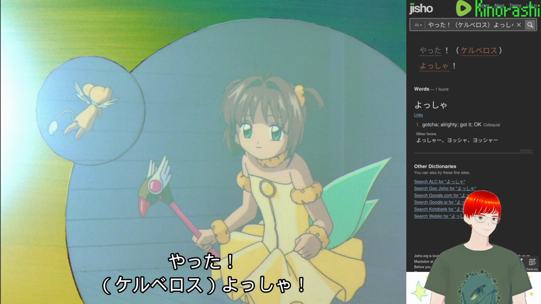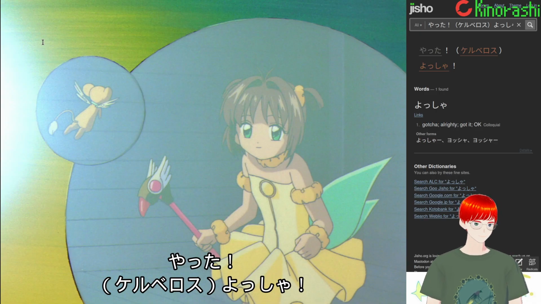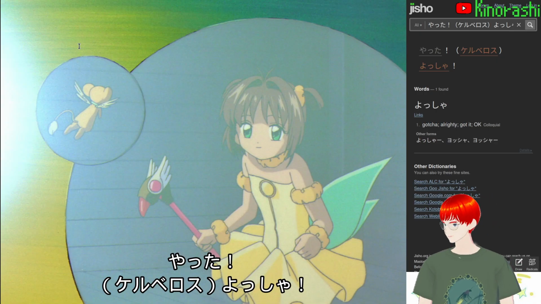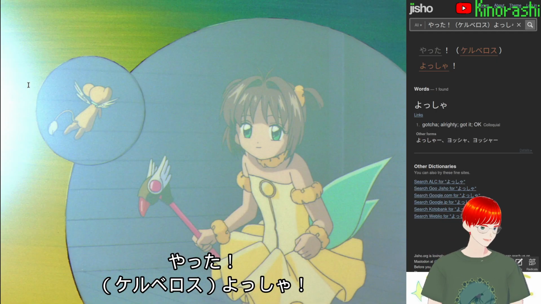Is yosha from Kansai-bin? Answer in English. Yosha is not specific to Kansai-bin. It is used throughout Japan as a general exclamation or interjection meaning alright or let's go.